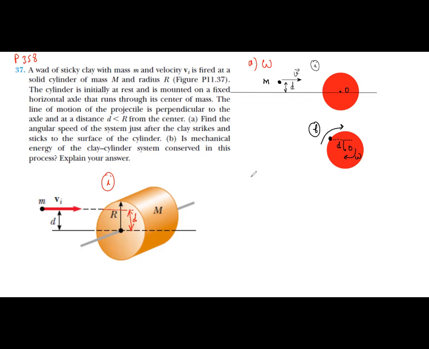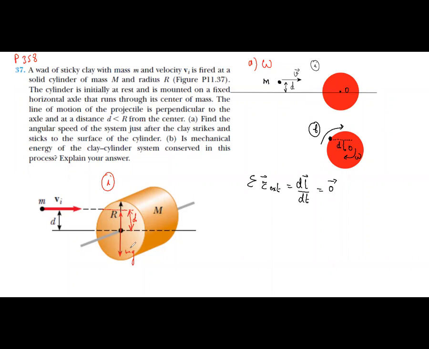Here, the summation of external torques equals dL/dt equals 0. Why? Because we have only the weight of the cylinder acting down, and we have the reaction.